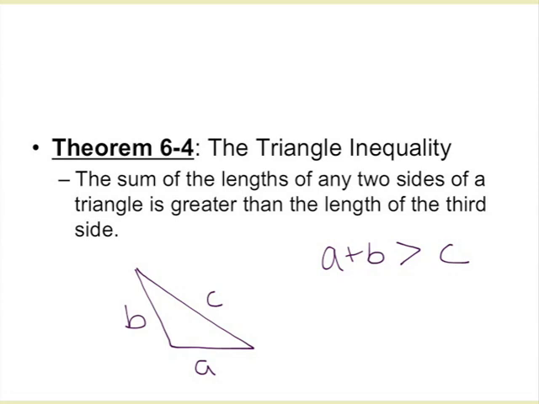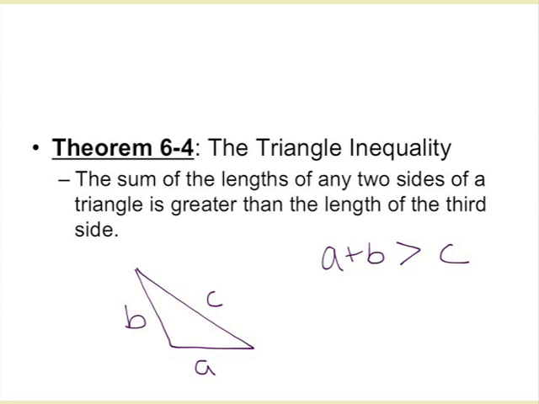Technically it's any two sides, but in reality the only ones you really need to check are making sure that adding together the two smallest numbers will be bigger than the biggest number. Okay? So this tells us about numbers that can and cannot be sides of a triangle. For example, 1, 2, 3.